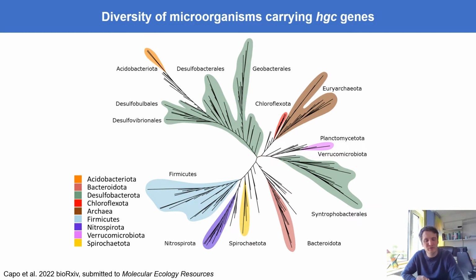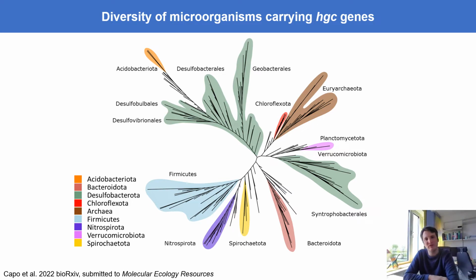Over the last years, we have been working on designing a tree of life for methylators, let's say, using the information in hgcA and hgcB sequences. It was started by people from Oak Ridge National Lab, Kathleen Gionfriddo, and also people from Madison University in the group of Trina McMahon.